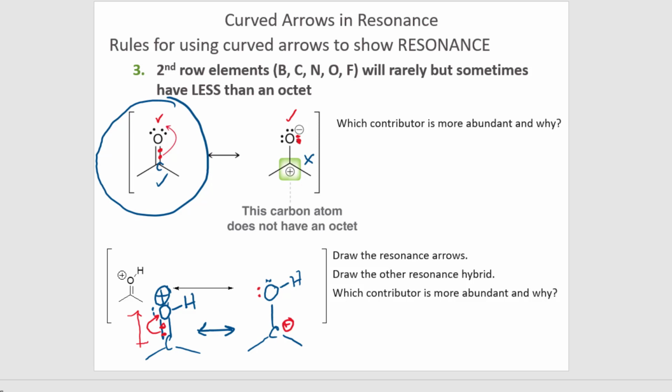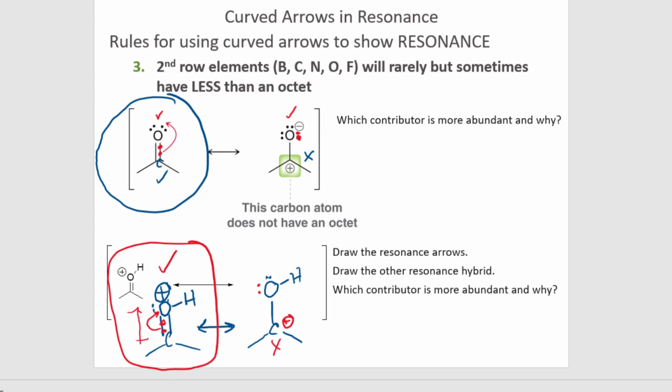However, of these two, the contributor on the left, if you look at every single atom, all of them have octets. If you look at the atoms on the right, the carbon does not have an octet, and that wins out. So of these two, we're going to draw it like this contributor more often than not because it's the one that is more stable among the two.